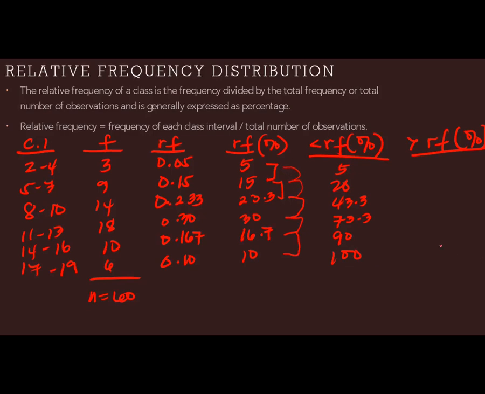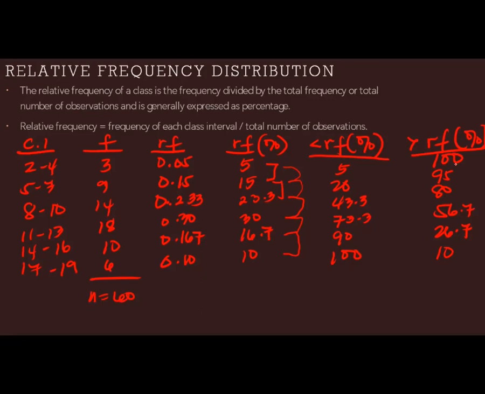So we have 10, then 26.7, 56.7 plus 30, that is 56.7 plus 23.33 is 80 plus 15, 95, and then plus 5, 100.